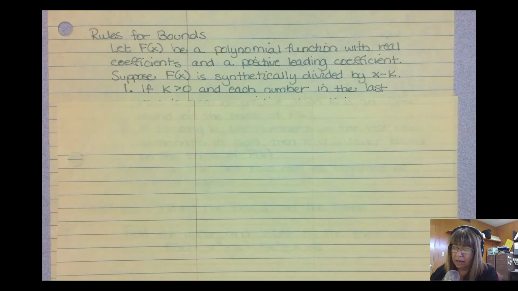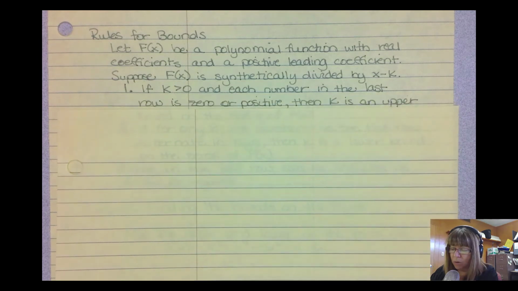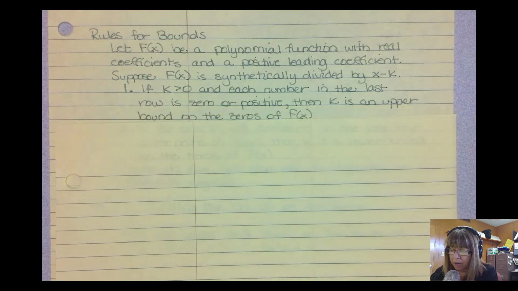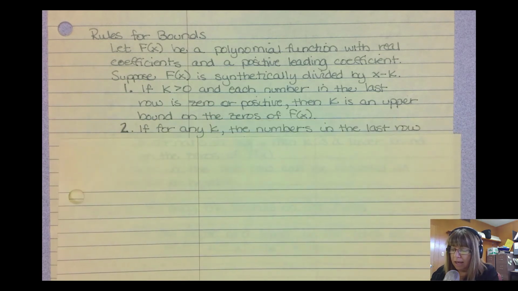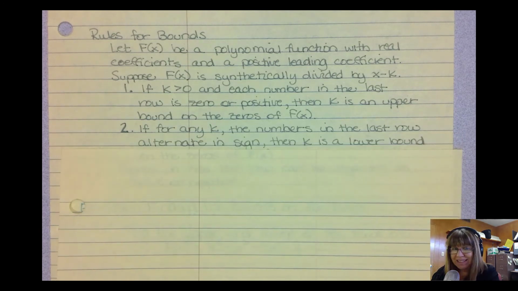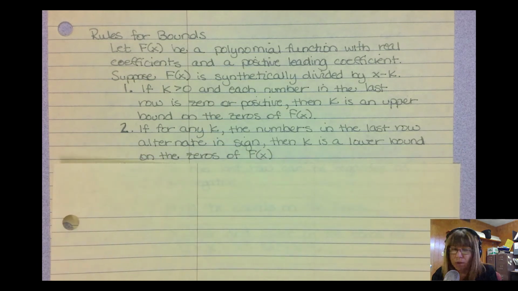Then, if k is greater than 0 and each number in the last row is 0 or positive, then k is the upper bound on the zeros for f of x. If, for any k, the numbers in the last row alternate in signs, then k is the lower bound on the zeros of f of x.